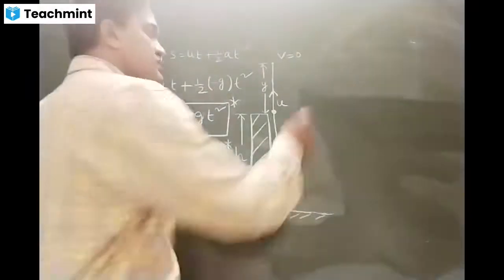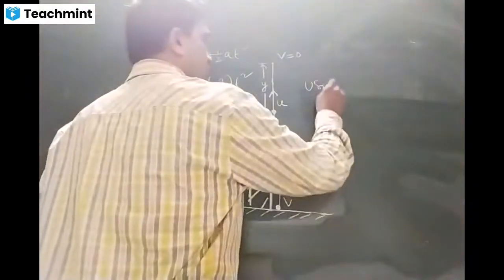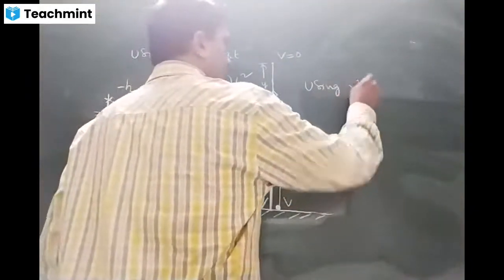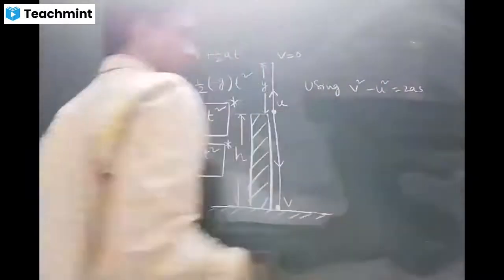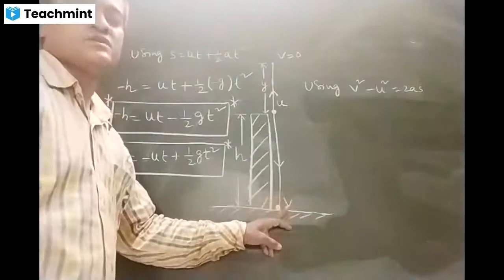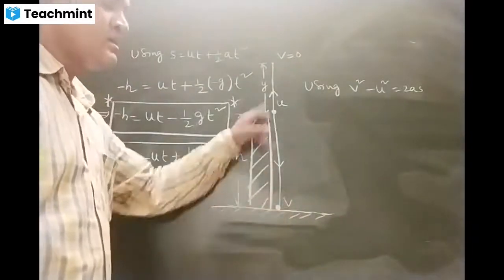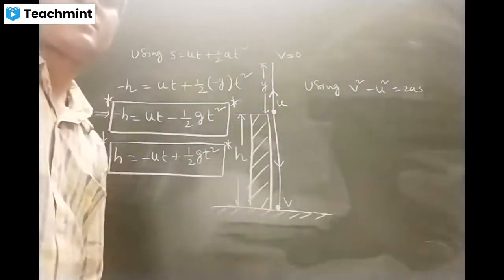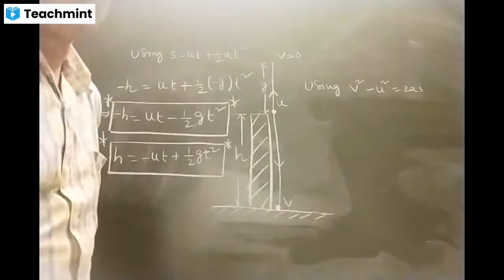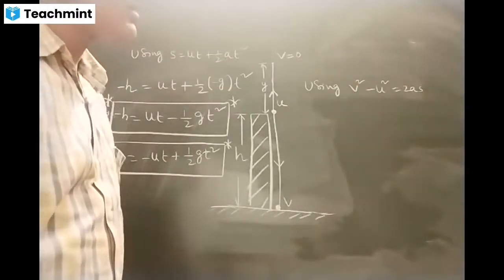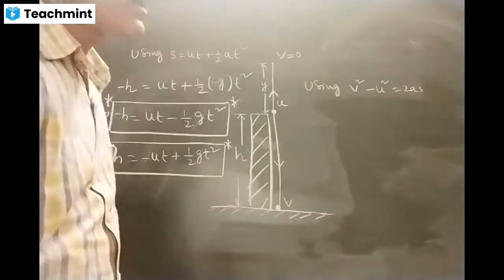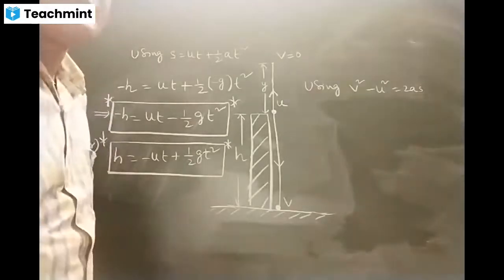So how can I find? Using v square minus u square is equal to 2as. I want this final velocity v, but v is in which direction? v is in the downward direction. When v is in the downward direction, v should be taken as negative or positive? Negative.